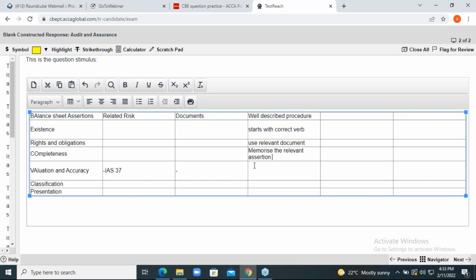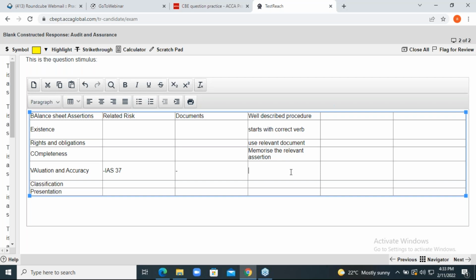You can see the assertions are important with context to the different multiple requirements that are asked. The assertions are also very important because there are multiple types of questions from procedures, and sometimes the examiner may ask to write only existence procedures for the receivable head. So you should memorize the assertion.